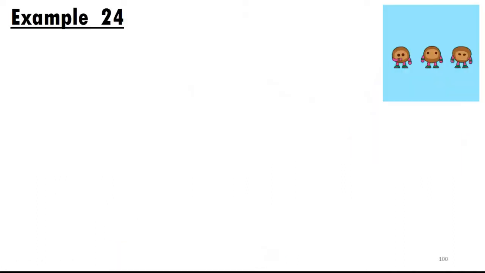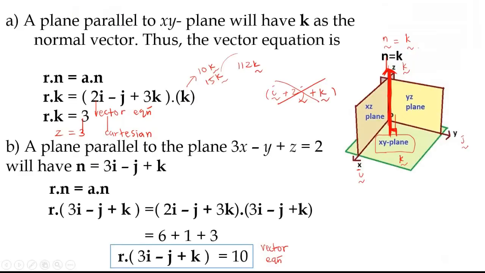Okay. Kalau you want to tukar to Cartesian equation untuk soalan B, you got 3x minus y plus z equal to 10. Okay. Macam mana kita buat? (x, y, z). Okay. Dotkan dengan (3, -1, 1) sama dengan 10. Itu yang kita buat.